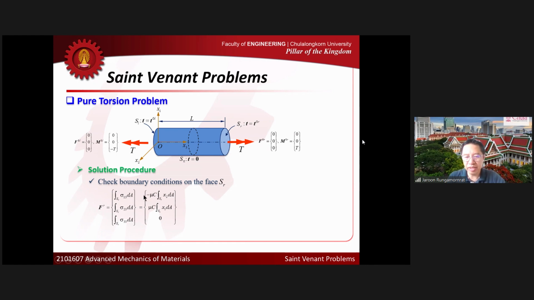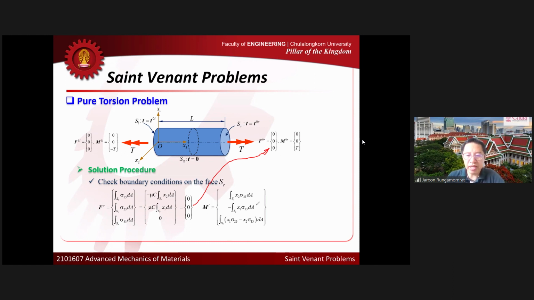So I plug everything in, and finally I can verify that FR is simply the zero vector. And this implies what? The condition on the net force is satisfied. Here, you can see that they are exactly the same.